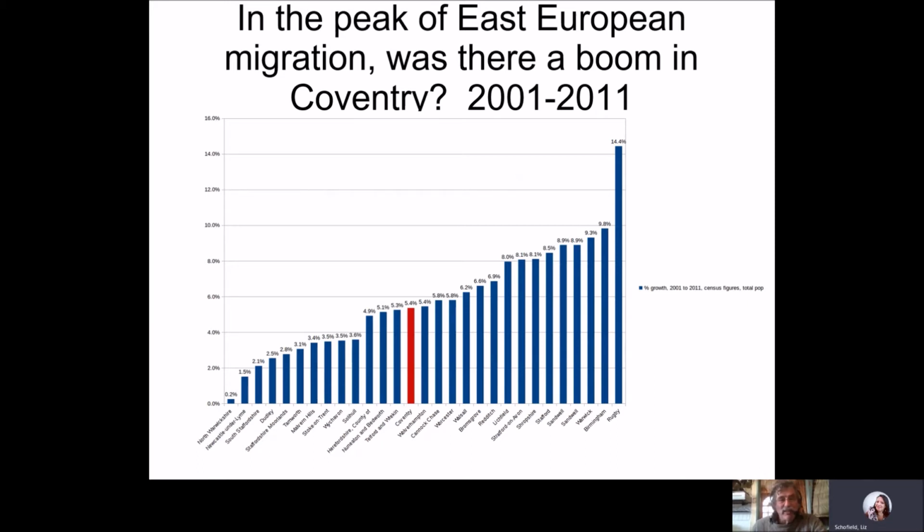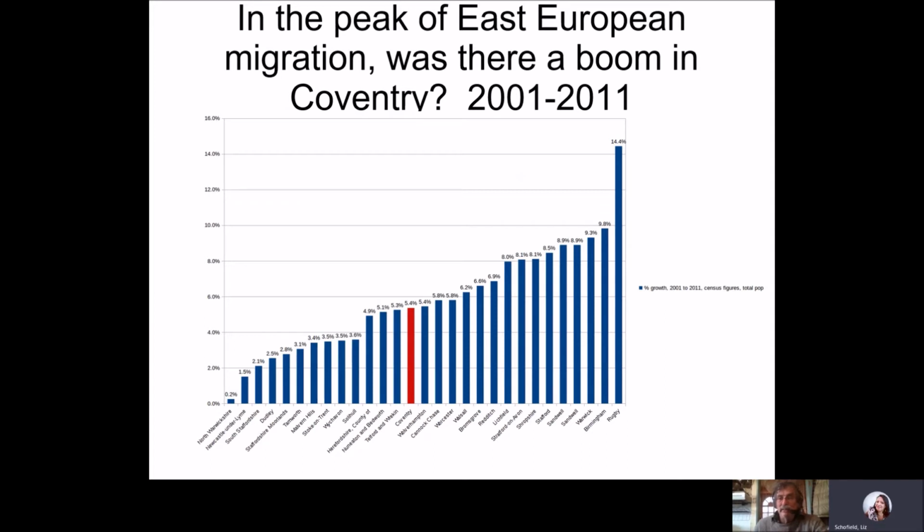But here we go. This graph shows the population growth as a percentage for all the West Midlands towns. And during that decade, when there was rapid international migration, growth in Coventry was just average over a 10-year period, just 5%.